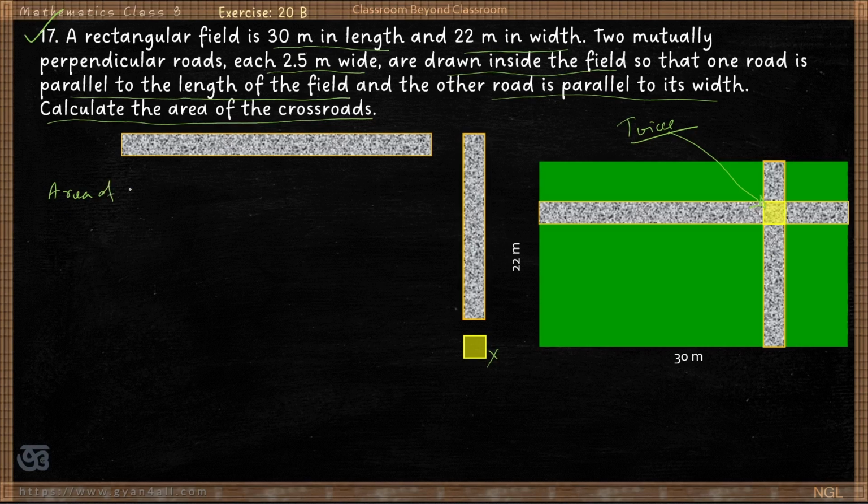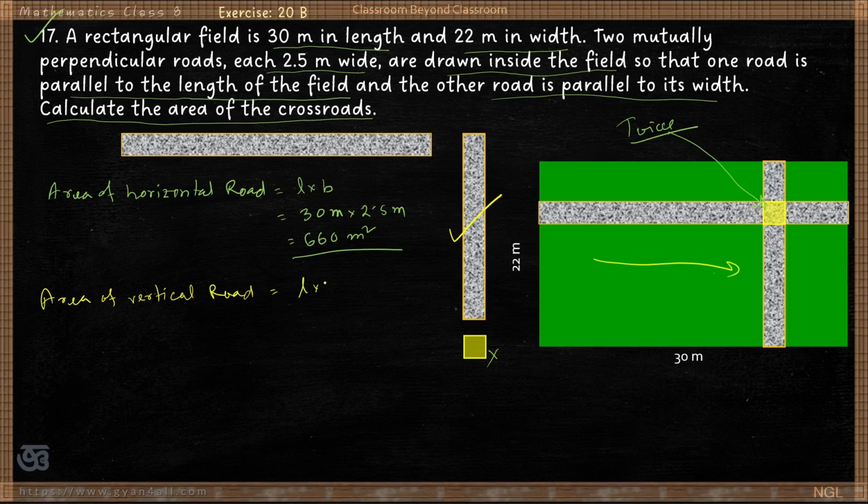Area of horizontal road is equal to length into breadth, and length is length of the rectangle, that is equal to 30 meter, and width is the width of the road, that is equal to 2.5 meter. So that is equal to 660 meters square, area of the horizontal road. Now we will find out the area of the vertical road, which is again length into breadth.